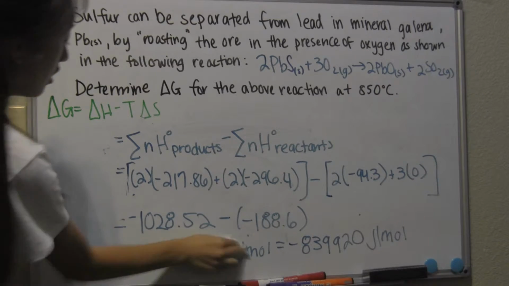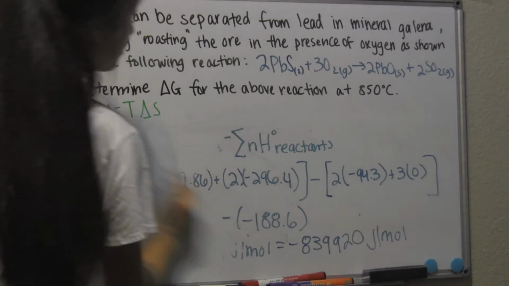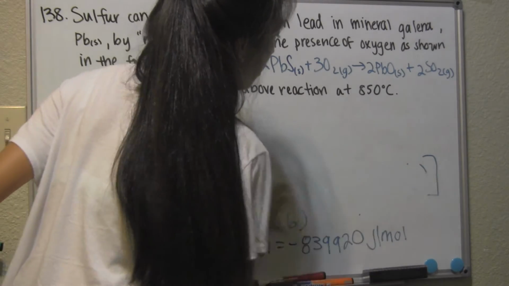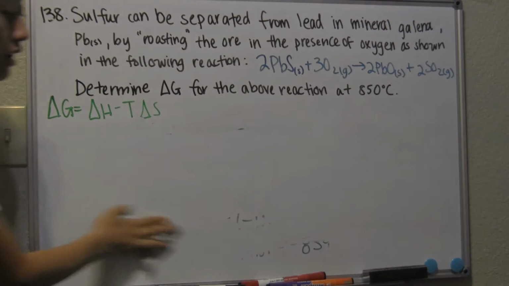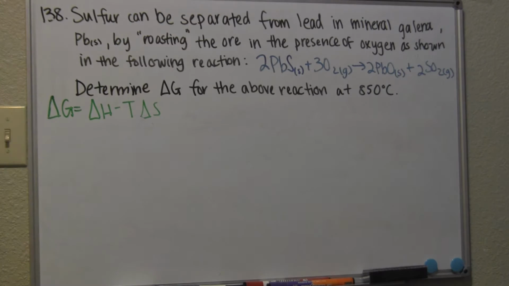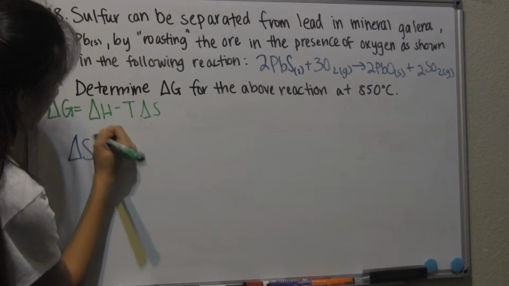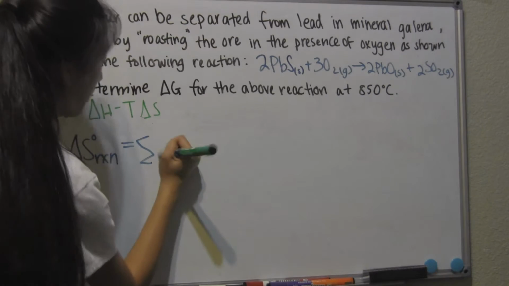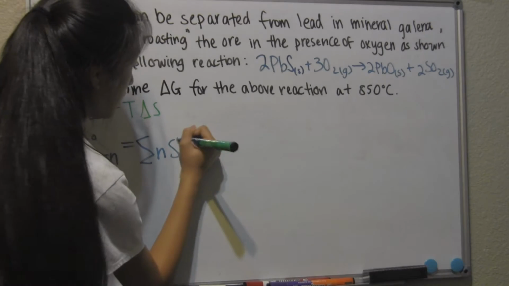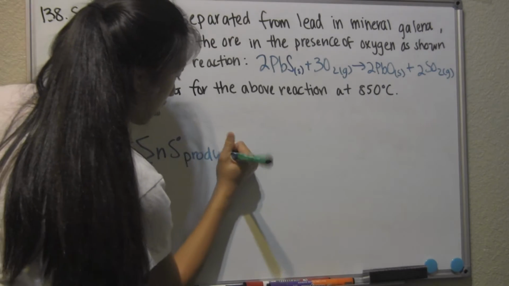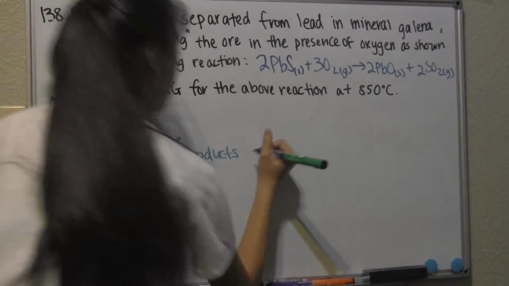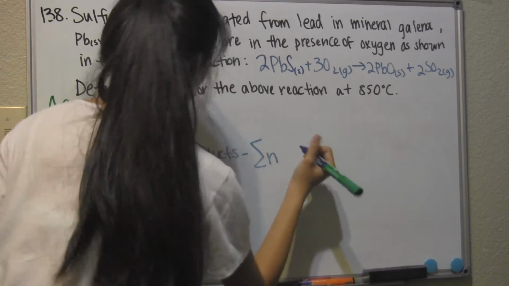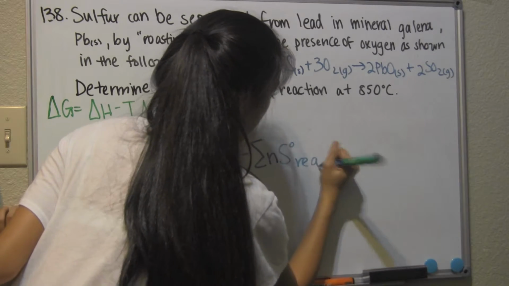So now to solve for delta S, it's basically the same equation that we're going to use from delta H, except of course it's going to be standard entropy. So it's going to be delta S of the reaction is equal to the sum of number of moles times standard entropy of products minus the summation of the number of moles times standard entropy of reactants.